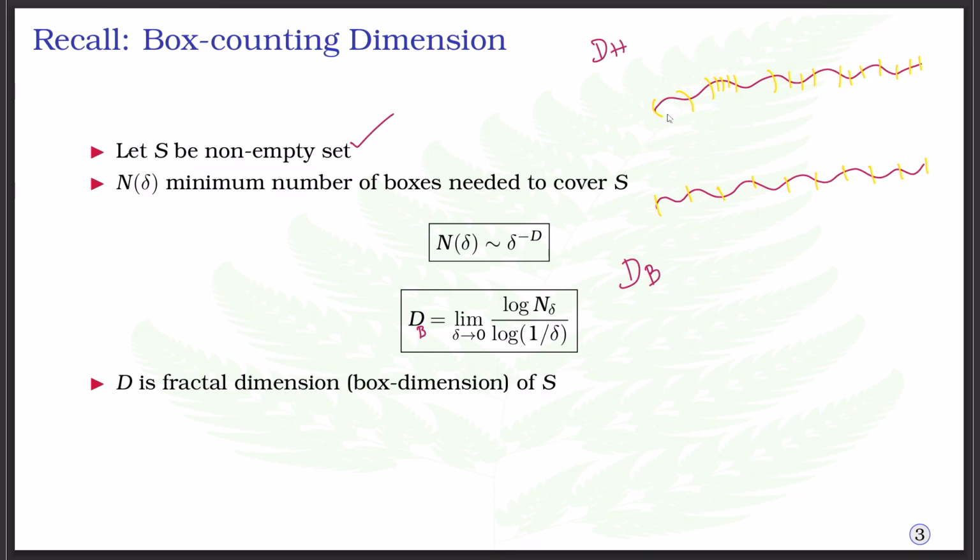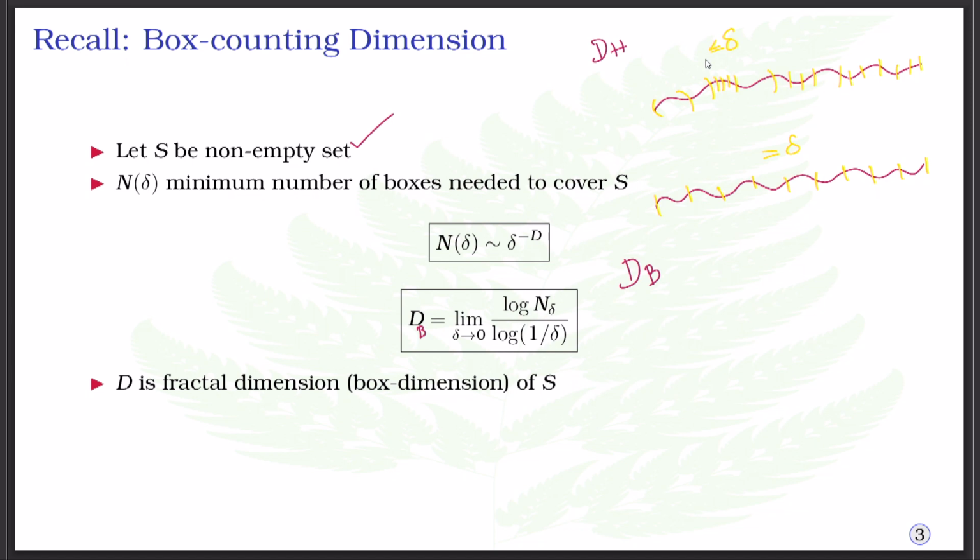In the Hausdorff dimension, we are taking the cover by at most delta cover. Here we are taking exactly delta cover. Each box has size exactly delta. Here each box has at most delta.